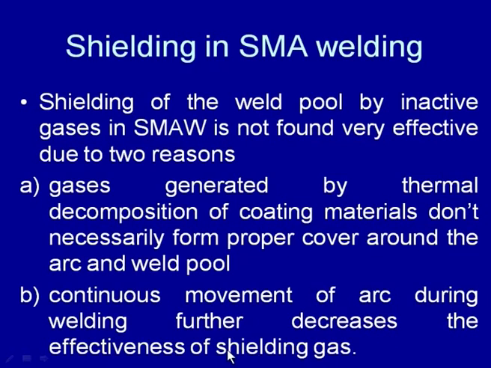But with the loose cover and the inactive gases developed due to the thermal decomposition of the coatings, the shielding is poor, and that is why the movement of the arc during the welding decreases the effectiveness of the shielding by this process.